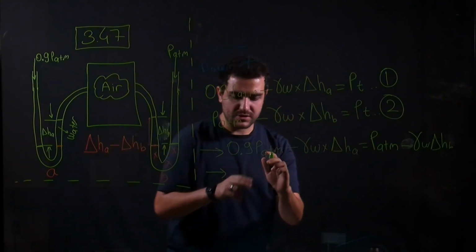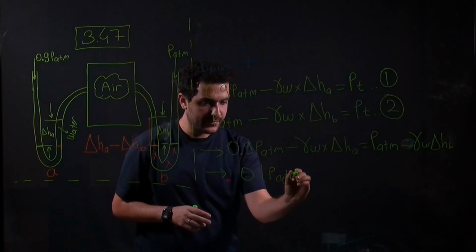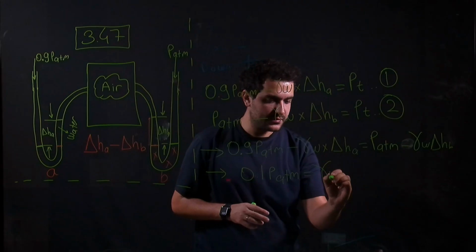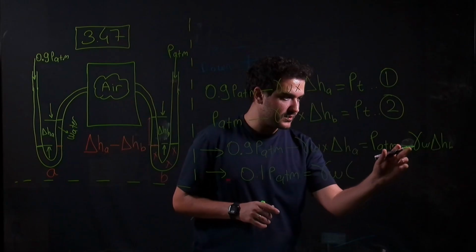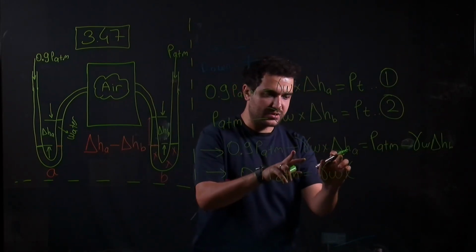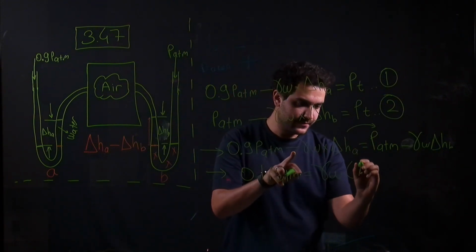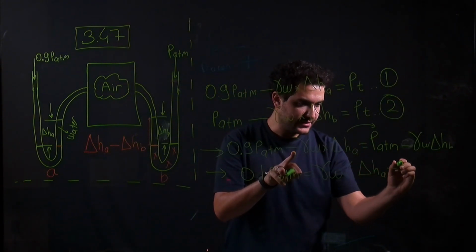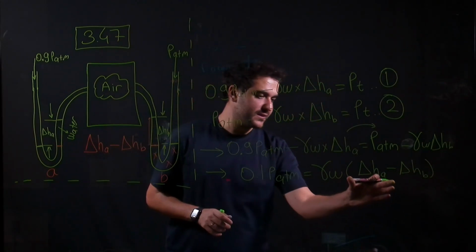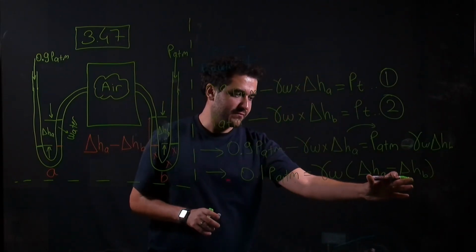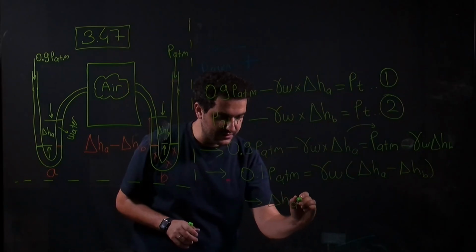This is 1, this is 0.9, and we have 0.1 PATM equal to specific weight of water times delta HA, and this is going to be positive because we are moving this from left to right, minus delta HB. And we can leave this value alone.